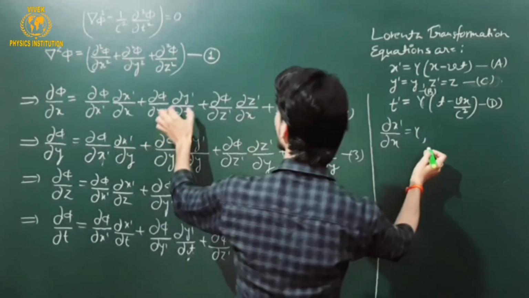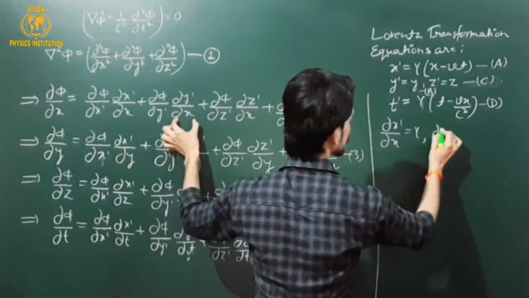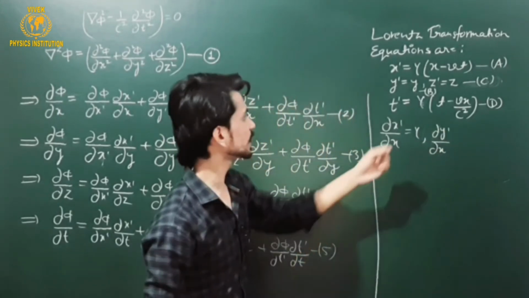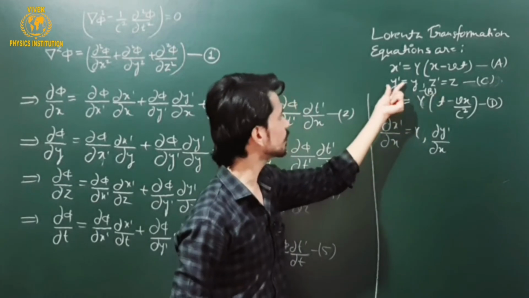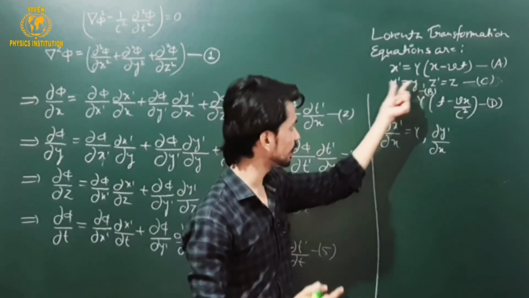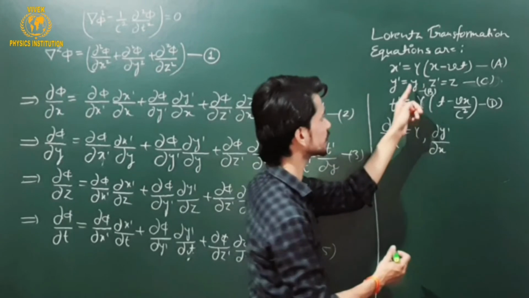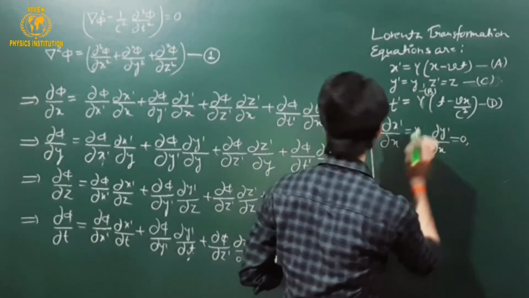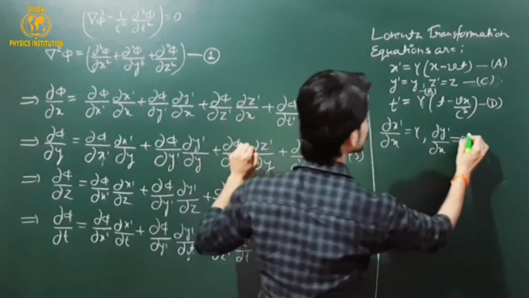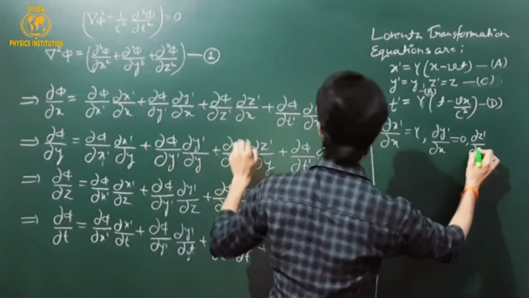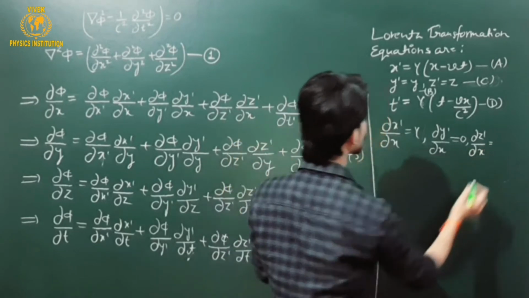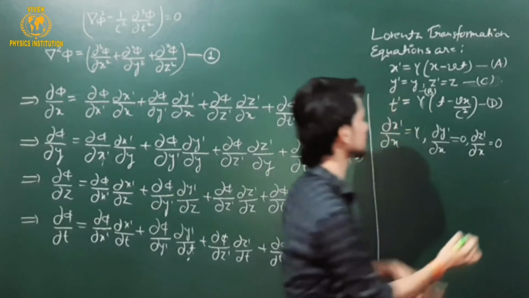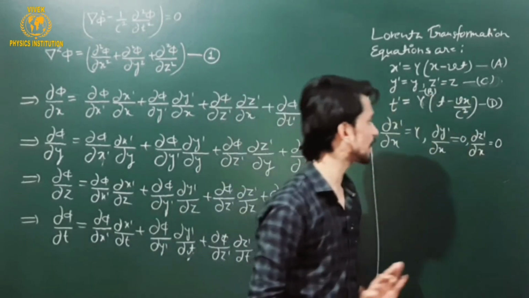Again, if I find the value of del y dash over del x, its value can be found from equation B. The differentiation of y dash with respect to x will be 0, because there is no x here. Again, the value of del z dash over del x, meaning the differentiation of the z dash coordinate with respect to x, will again be 0, because there is no x here; z is constant for x.